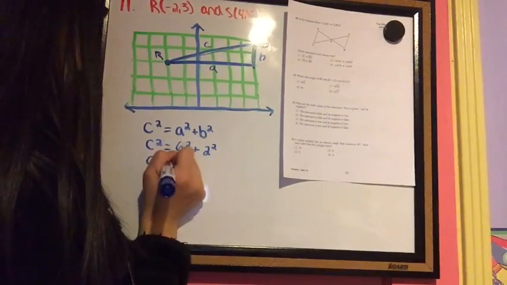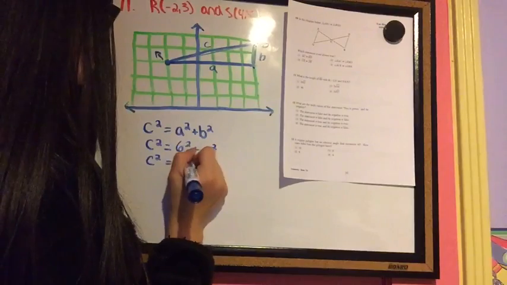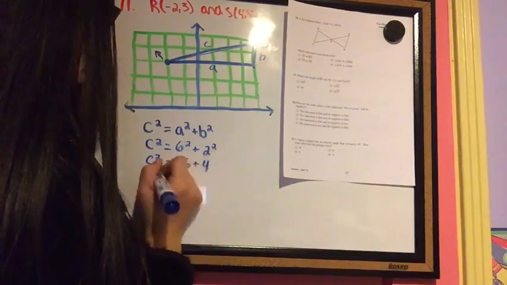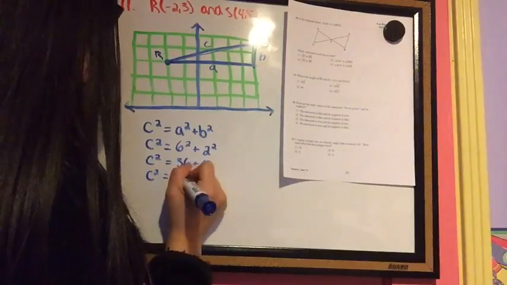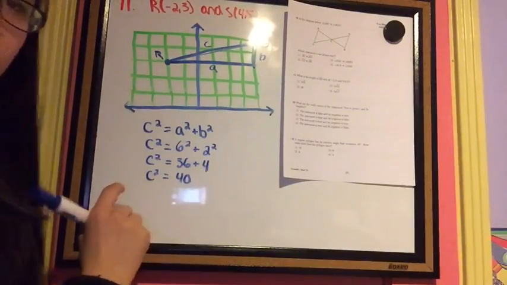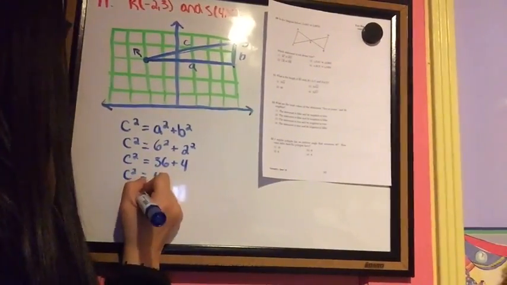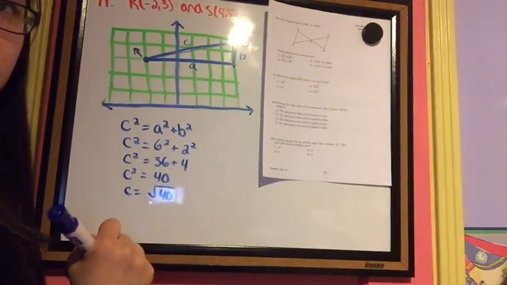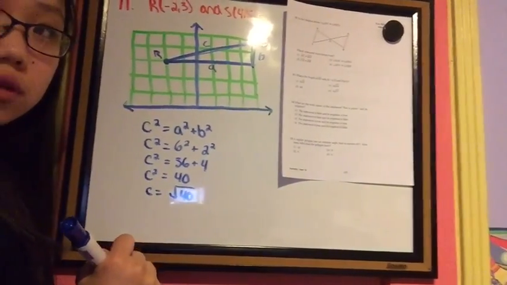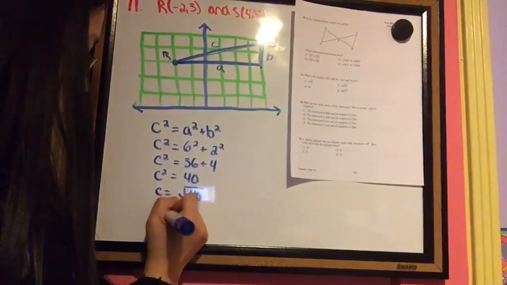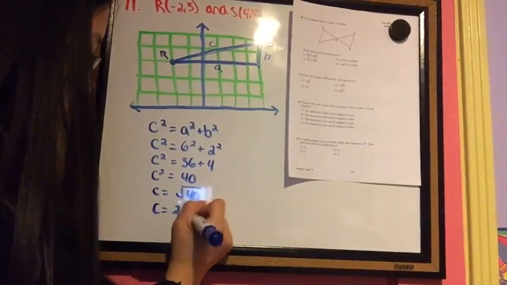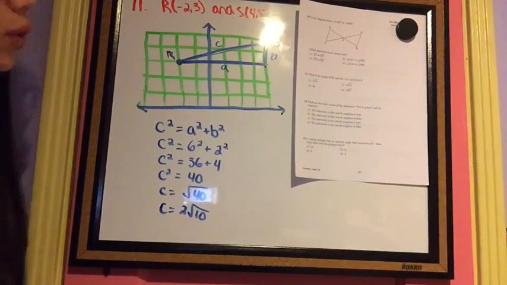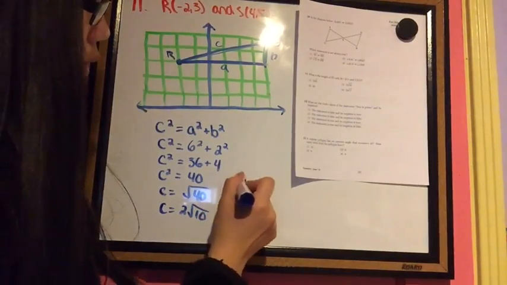So C squared equals 36 plus 4. So C squared equals 40. But we want to find C. So C equals the square root of 40, which can factor down to 2 square roots of 10. Which is the answer, number 3.